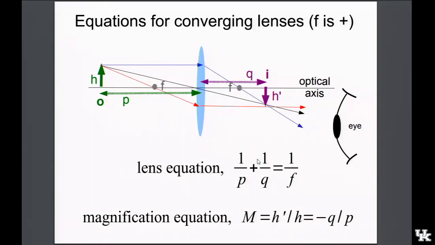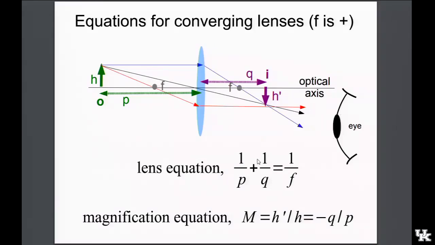And those are these two equations here. Look, this is like 3 equations now, because these are the same equations that work for the converging and diverging mirrors, and now we're finding that the same equations work for converging and diverging lenses. And so that's very handy.